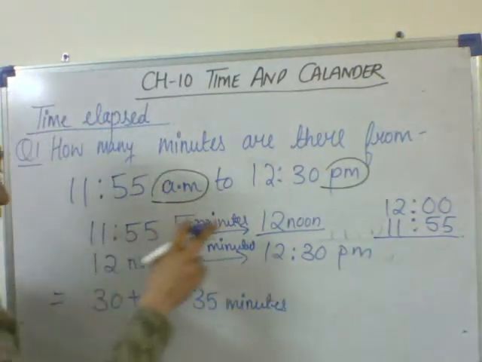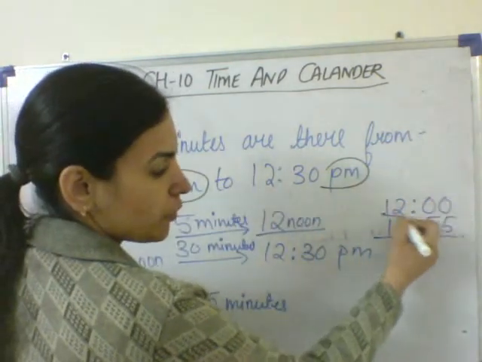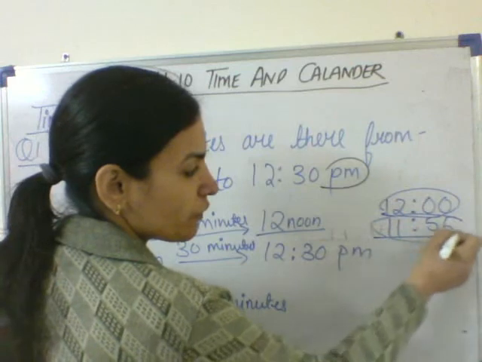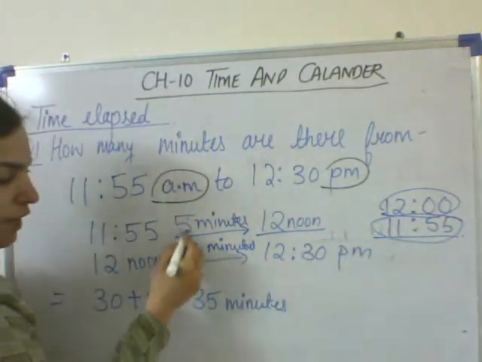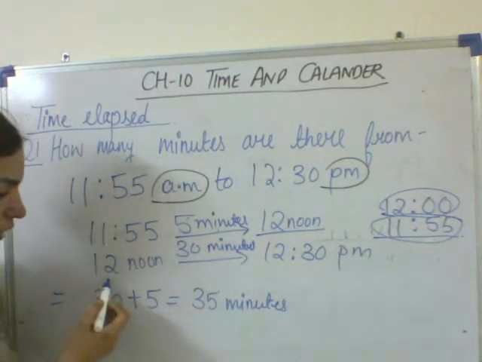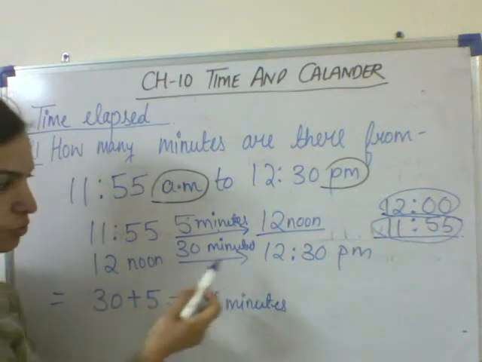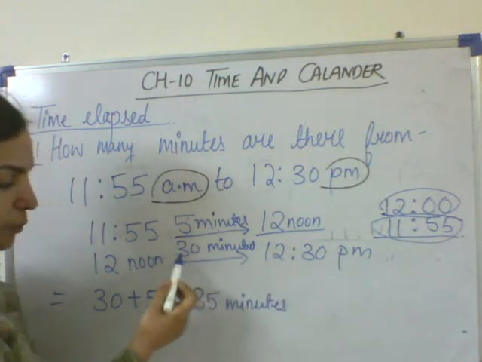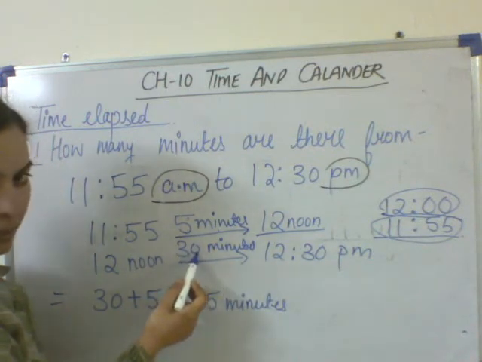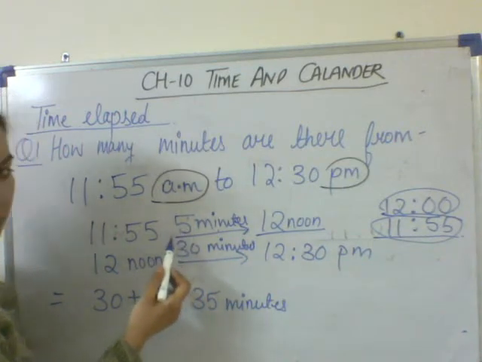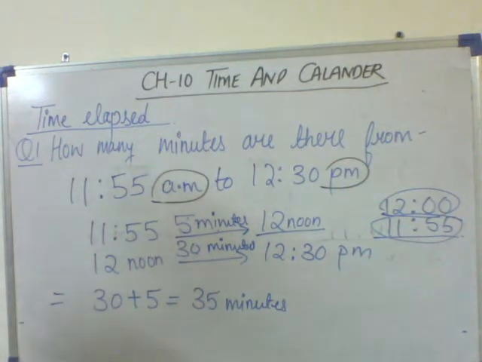So how many minutes are there between 11:55 and 12 noon? 5 minutes, I have written here. And from 12 noon to 12:30, how many minutes are there? 30 minutes. So 30 plus 5 is 35. 35 minutes are there.